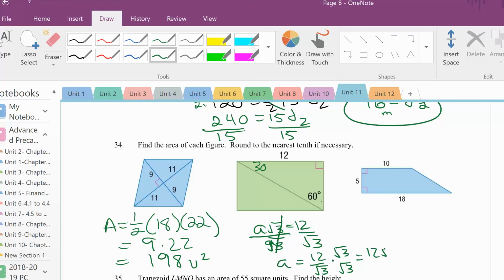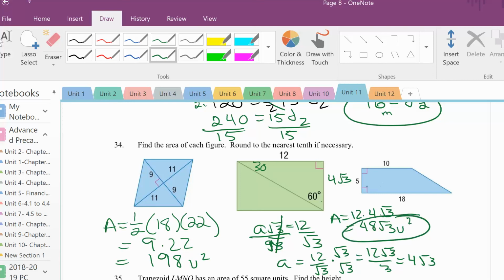So it's 12 rad 3 over 3, which is 4 rad 3. So that is the other side. So the area of this rectangle is 12 times 4 rad 3, which is 48 rad 3 square units.